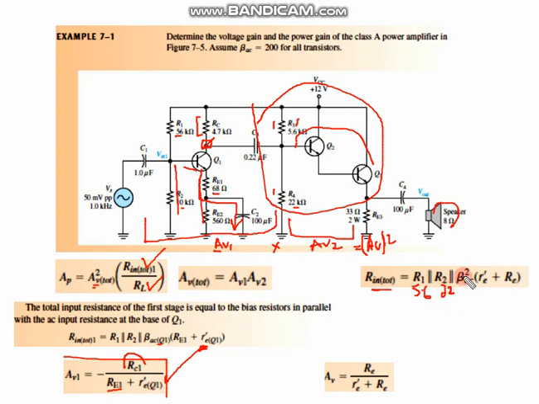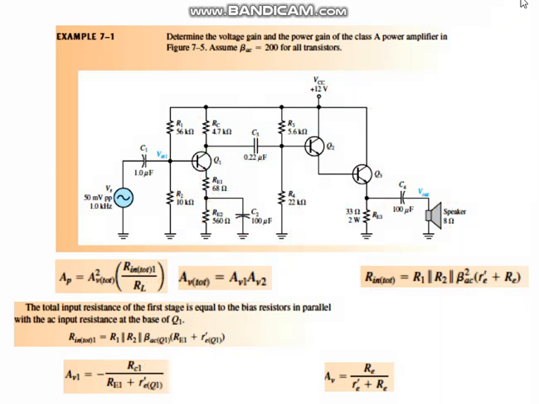What is the value of beta square? It's 200 square. RE prime, what is RE prime? You need to calculate it over here. So again, you have to apply KVL in this loop. It will be VB plus 0.7, so I can write VB equals 2 VBE.